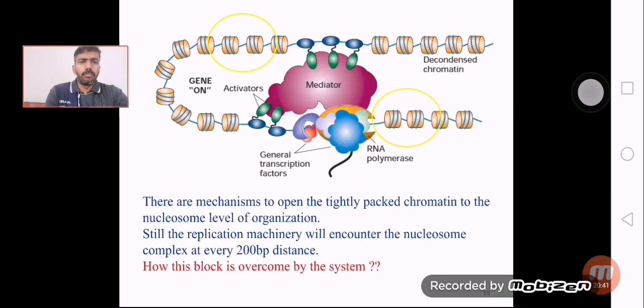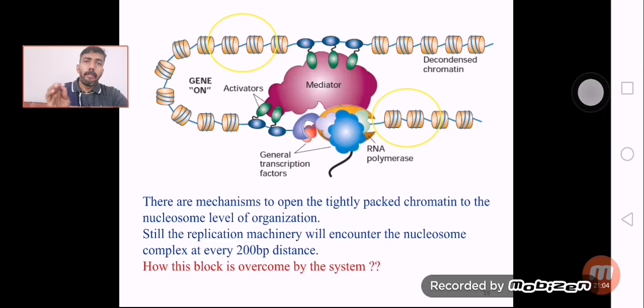So the involvement of mediators and activators we have already seen, but we still have to see another thing. All these mediators and activators decondense the chromatin up to the nucleosome level. But that's not enough, right?